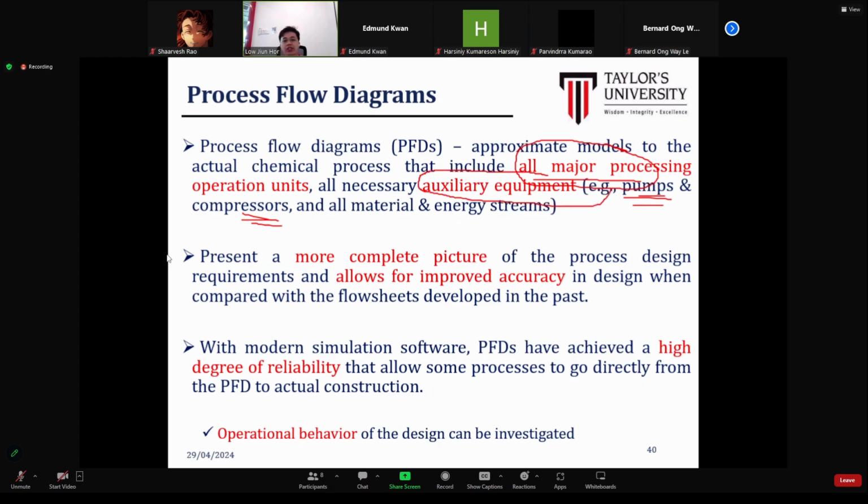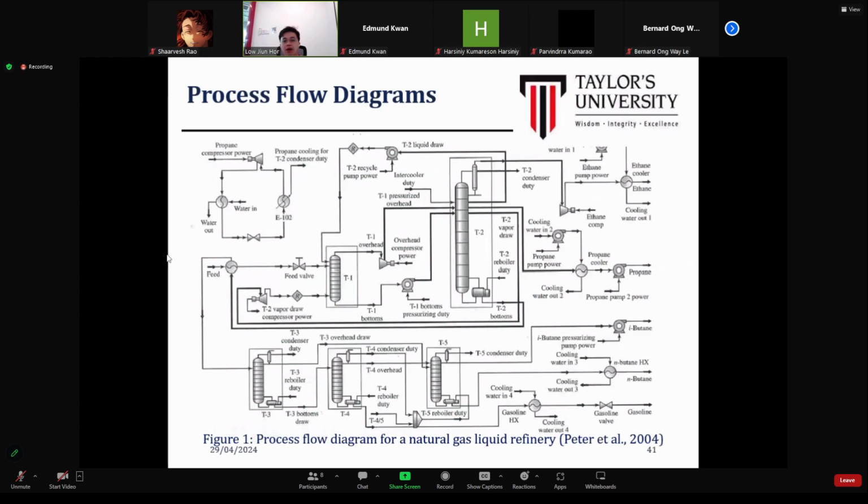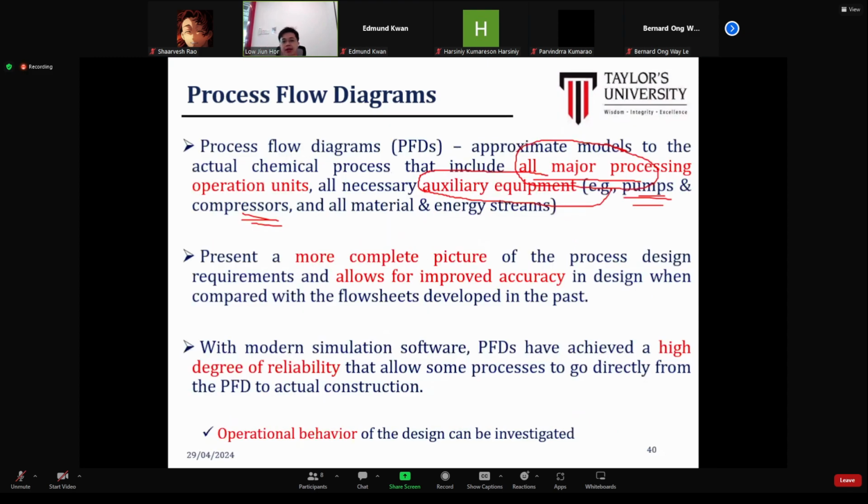And actually, for the process flow diagram you learned before, you can draw it directly using simulation software, for example Aspen HYSYS. Then you can instruct Aspen HYSYS to simulate the material and energy balance for the process flow diagram in order to generate the summary table.